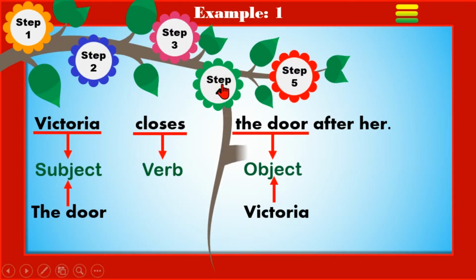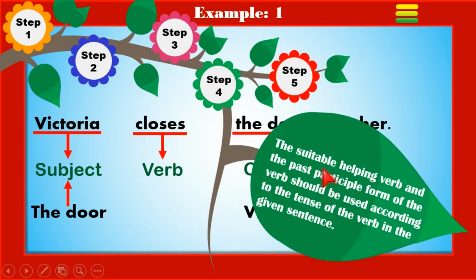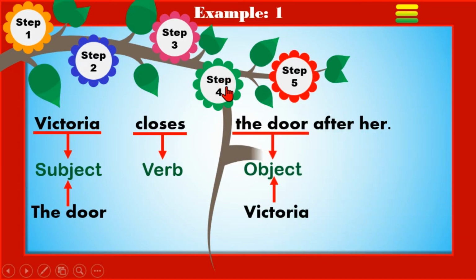Then step 4, carefully notice: the suitable helping verb and the past participle form of the verb should be used according to the tense of the verb in the given sentence. So here you notice what the tense of the sentence is. Victoria closes the door after her. Here the verb closes shows that it is simple present tense.